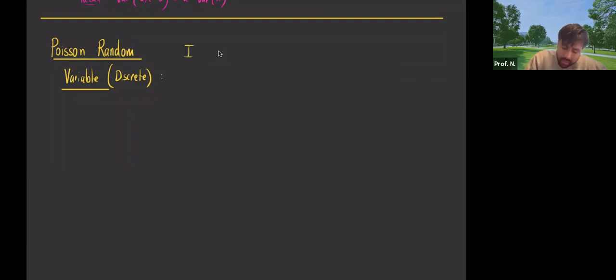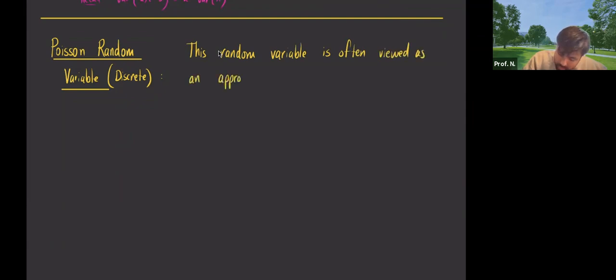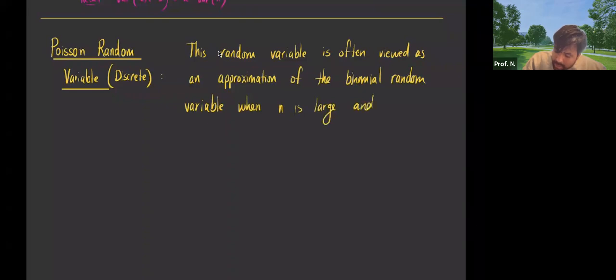So this random variable is often viewed as an approximation of the binomial random variable when n is large and p is small, and making np moderate.